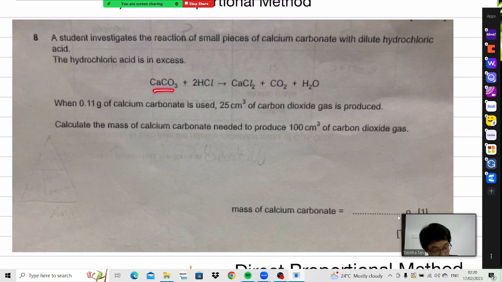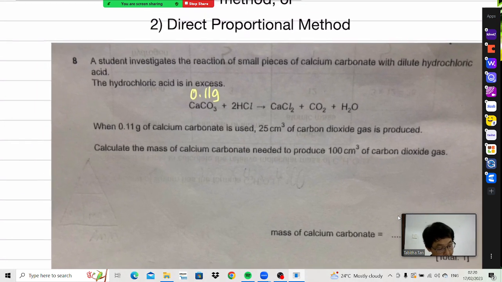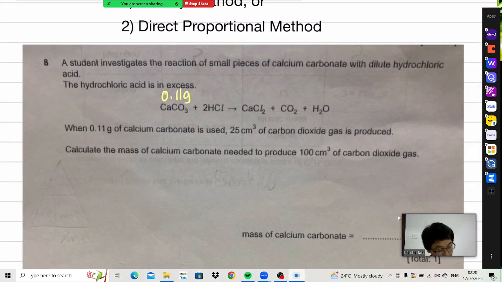This is calcium carbonate, so I can put down 0.11 gram there. It's used to produce what? 25 cm³ of carbon dioxide. Got it?